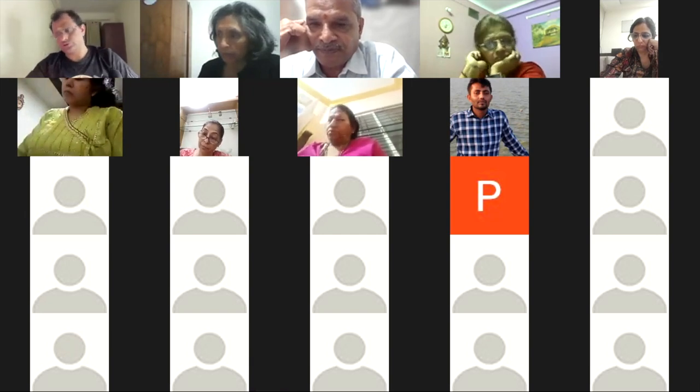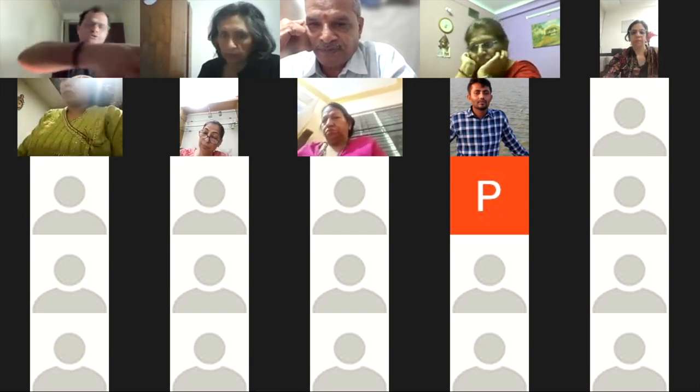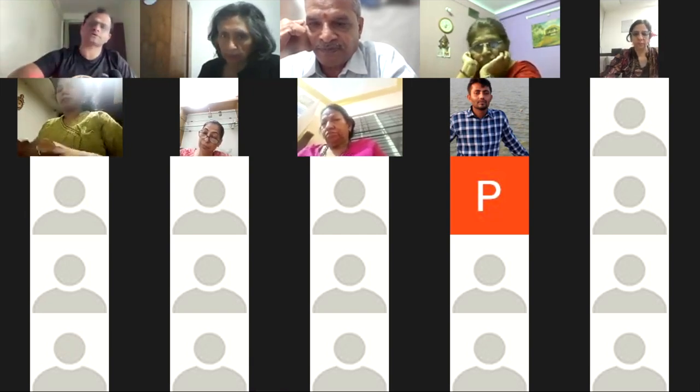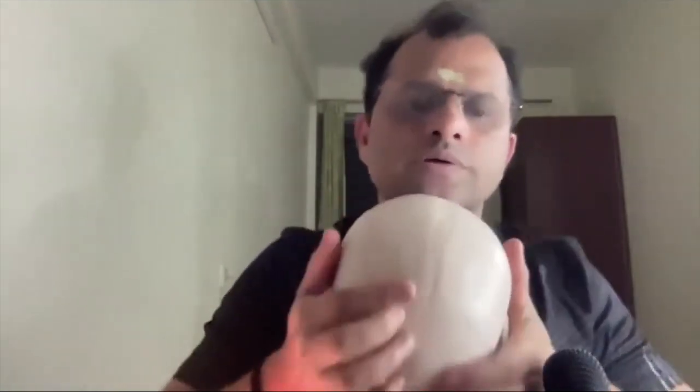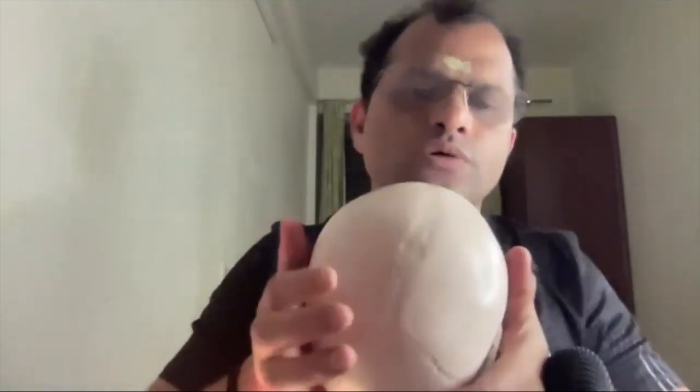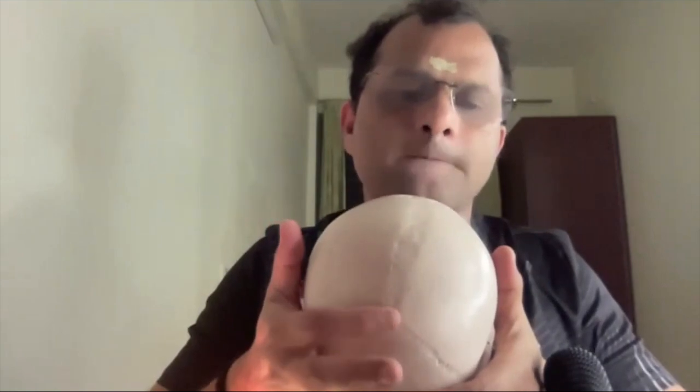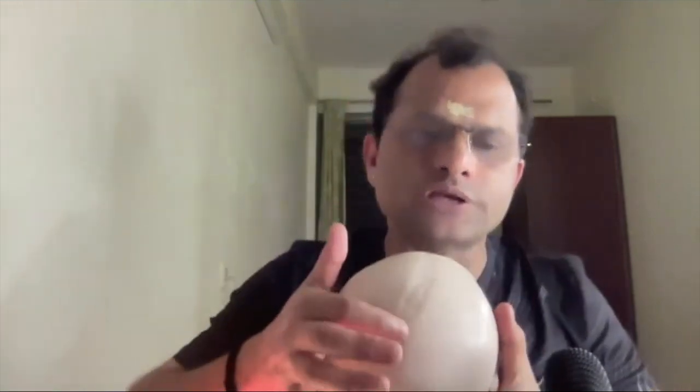Okay. So now the same structures we can see here if you look at this skull. The metopic suture will be in the center here. Then we can see this is the junction of the frontal bone with the parietal bone. This is the bregma. This is the sagittal suture.